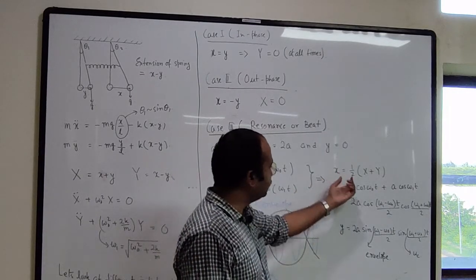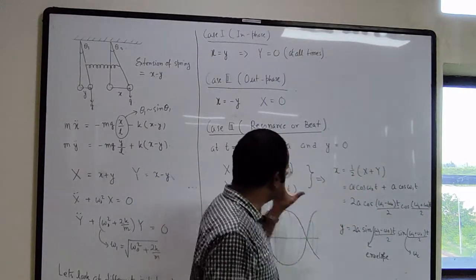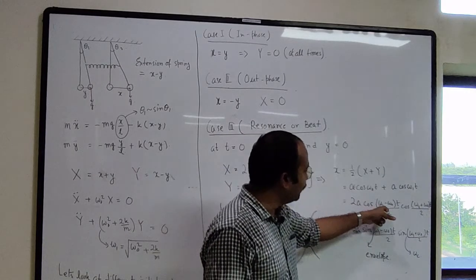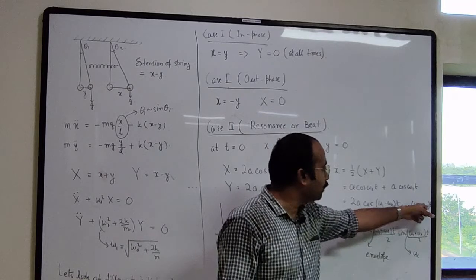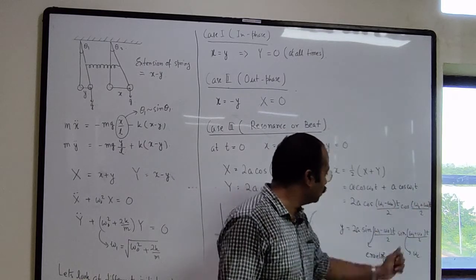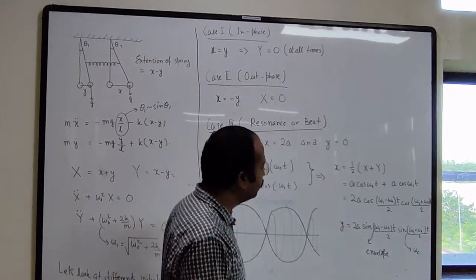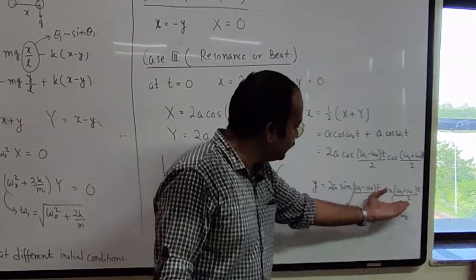The small x is essentially half of big X plus big Y, which, when you put in these values and calculate, comes out to be 2a cos of (omega 1 minus omega naught) t by 2 times cos of (omega 1 plus omega naught) t by 2. Similarly, the cos will be replaced by sines for the y. So what is this kind of motion?